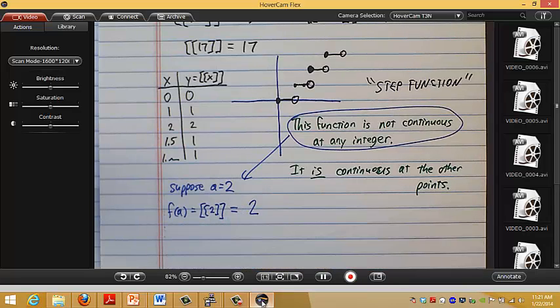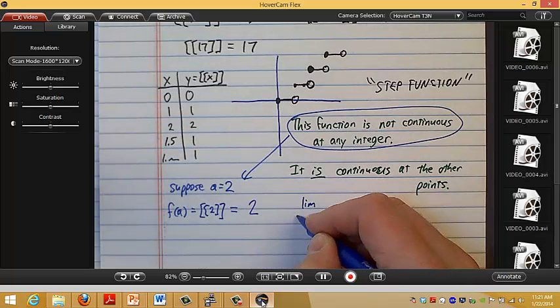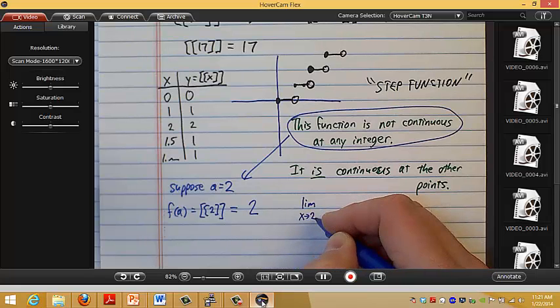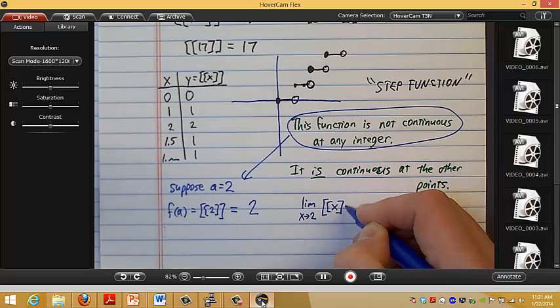So f of A is 2. But now what I want to do is I want to compute some limits. So I'm going to compute the limit as x approaches 2 of the greatest integer of x.